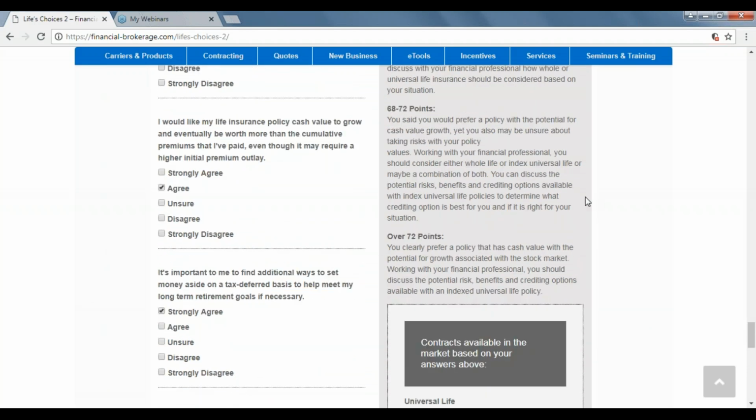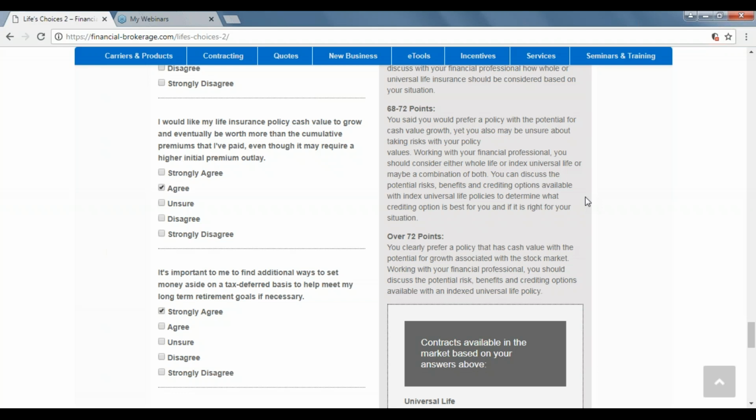Says this client prefers a policy with potential for cash growth, but might be unsure about taking risks. So maybe this person wants a whole life or index UL. I would also say maybe an index UL with a guarantee built into it, an optional guarantee, or maybe a blend of those. Right.